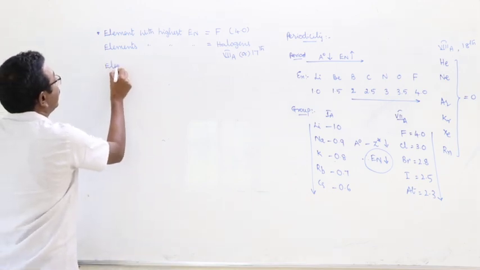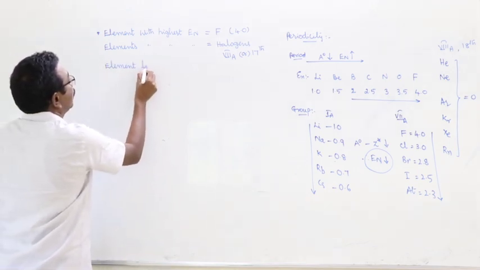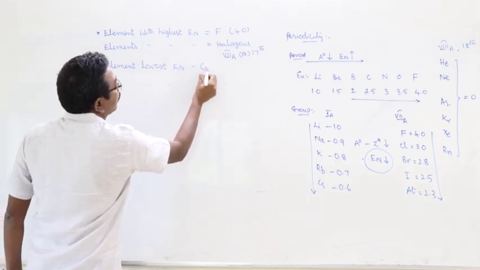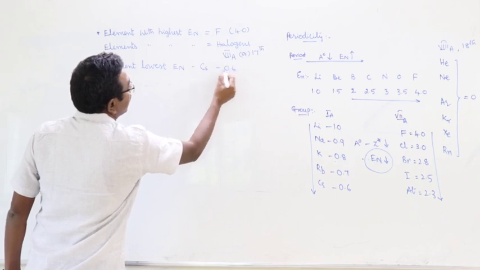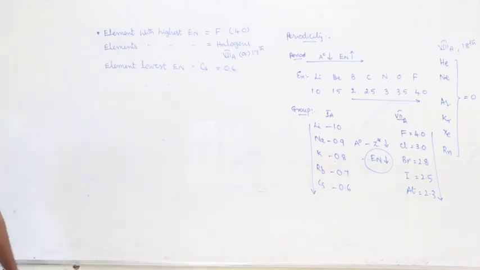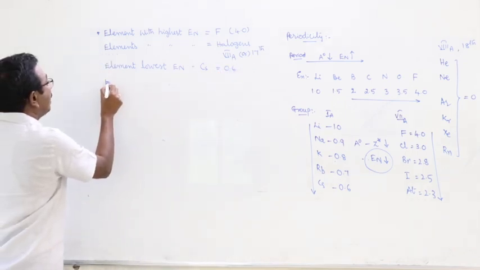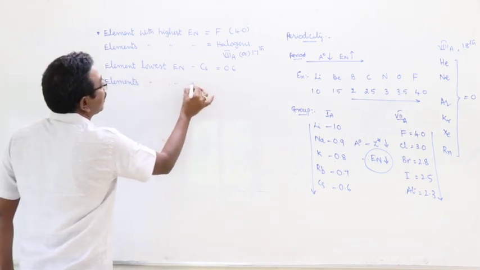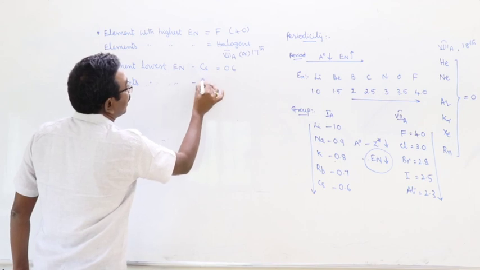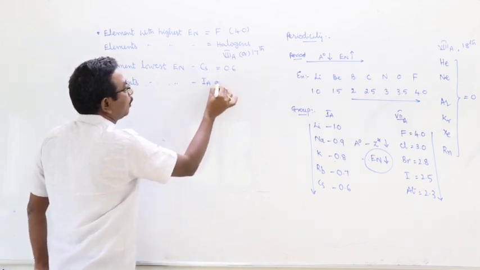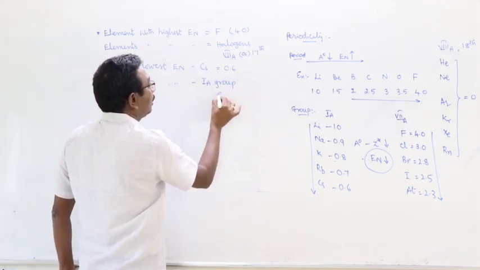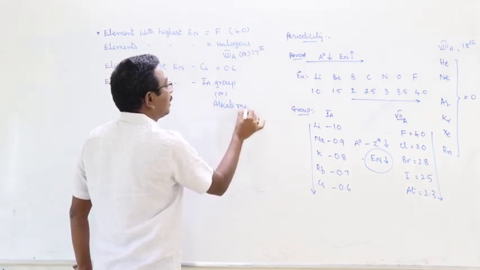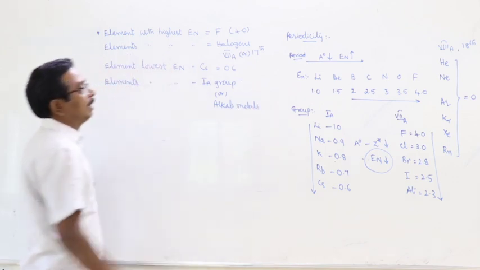Element with lowest electronegativity in the periodic table: cesium, that is 0.6. Elements with the lowest electronegativities in the periodic table, first A group, are alkali metals.